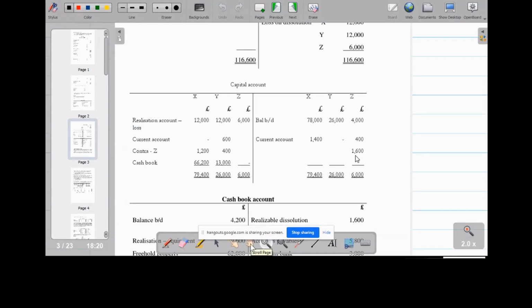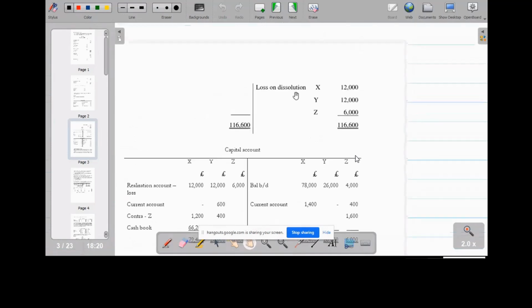So you'll find in this particular case that after the sharing, there was a loss. And this loss was shared based on the profit and loss sharing ratio of 2:2:1.